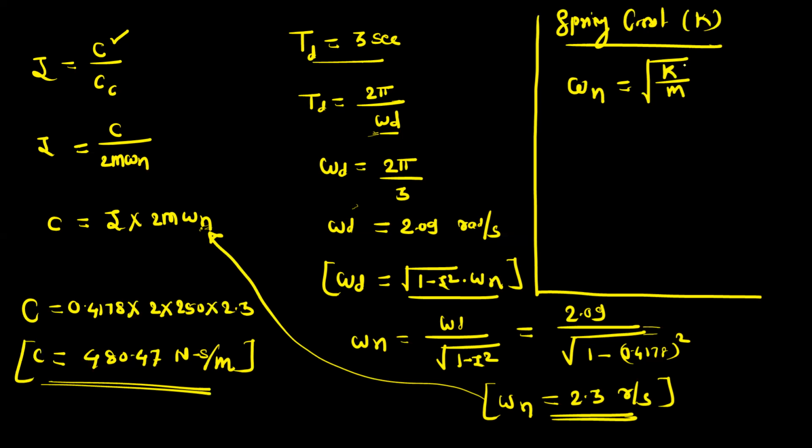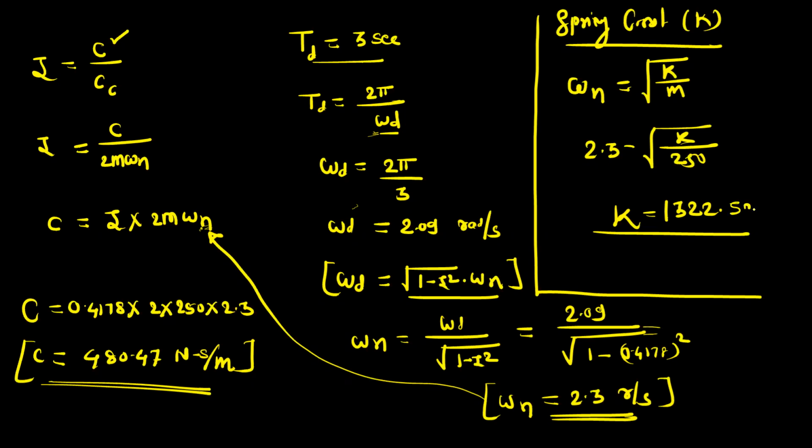So omega n is equal to square root of K by m. So this is 2.3 equals square root of K upon 250. So calculate the K value. It is 1322.52 Newton per meter. So this is the spring constant.